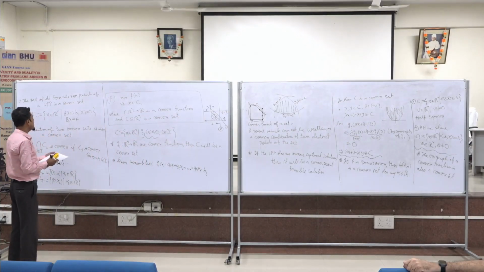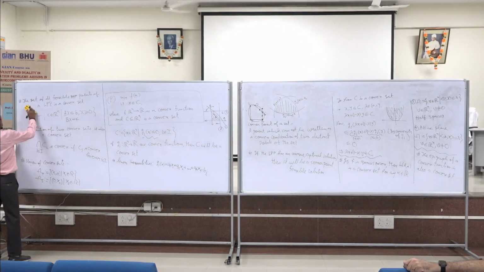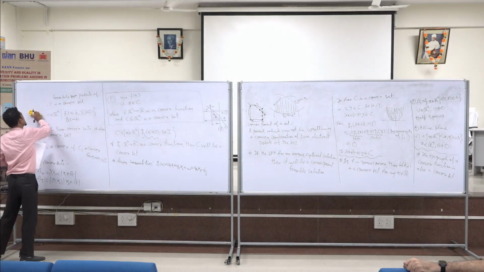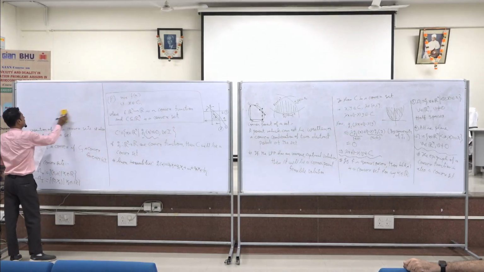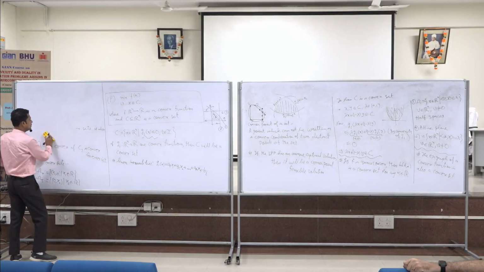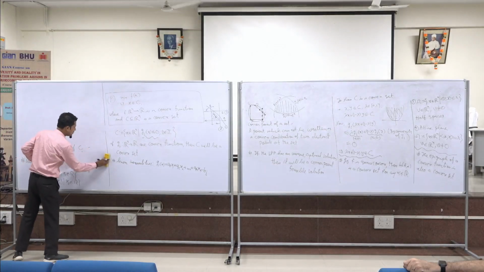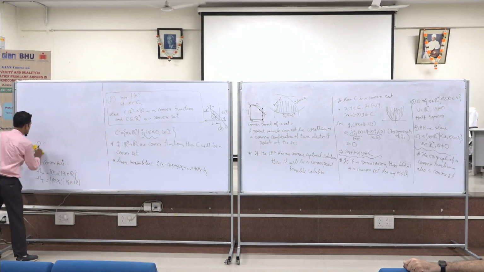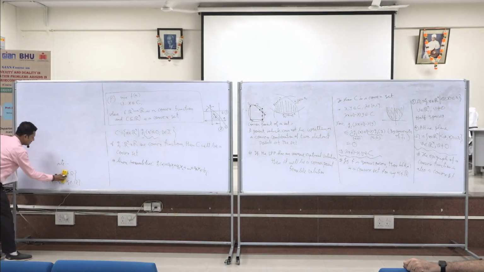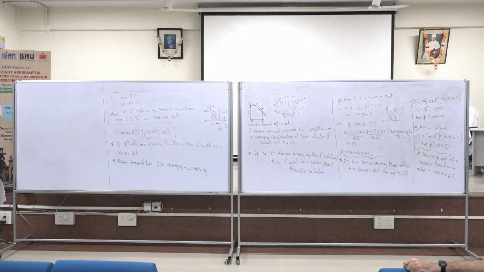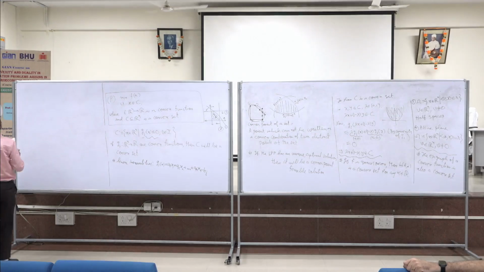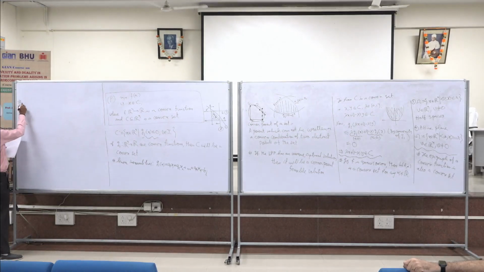So we have seen these few operations that preserve convexity, and so the intersection of two convex sets is also a convex set. But the union is not, but then you can have the Cartesian product of two convex sets.